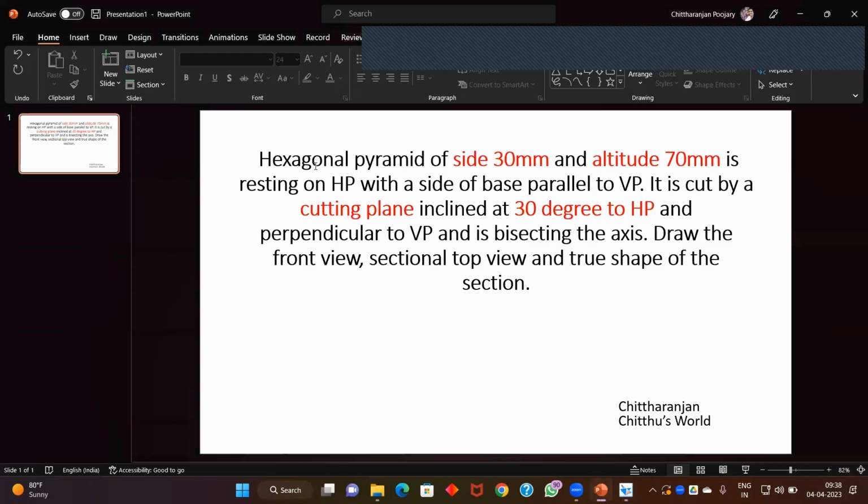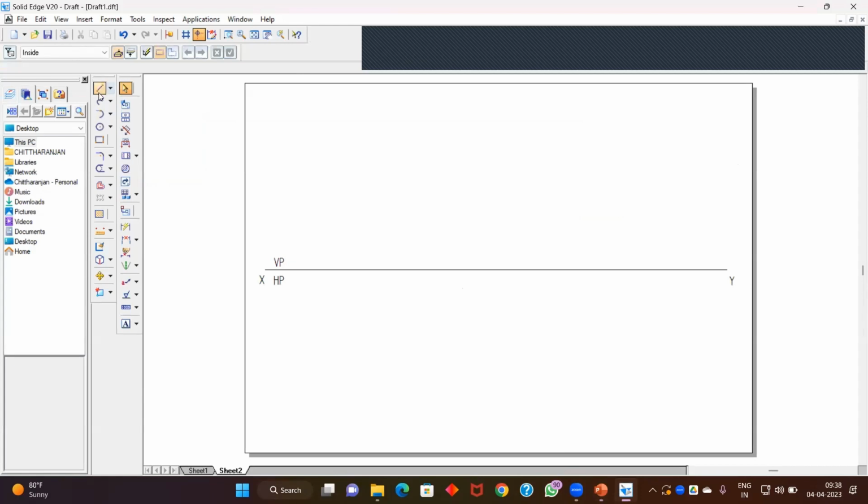Draw a hexagon of side 30 mm. So draw 30 and the degree is 0 only.